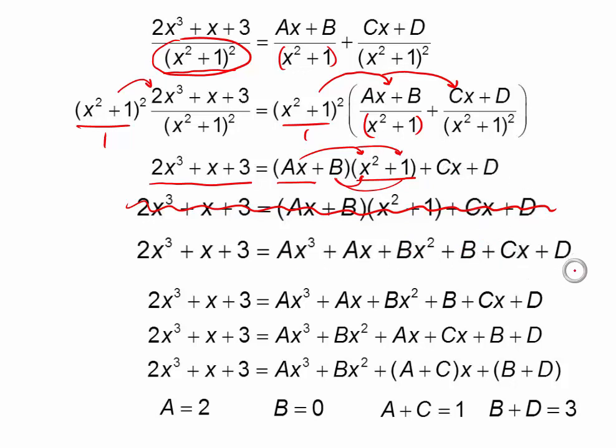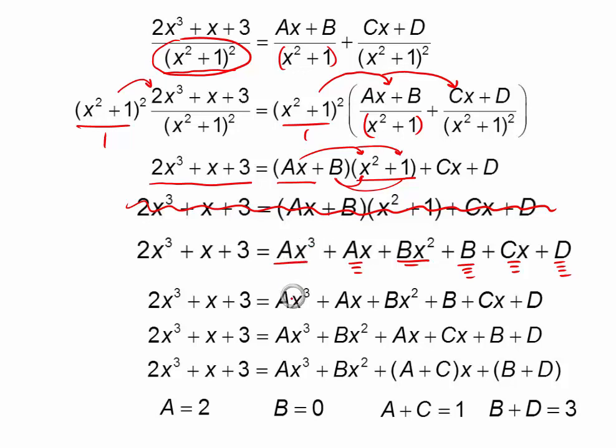Now let's get this thing in descending order. So looks like I've just got an x cubed, an x squared, an x term there, an x term there, and some constant terms.